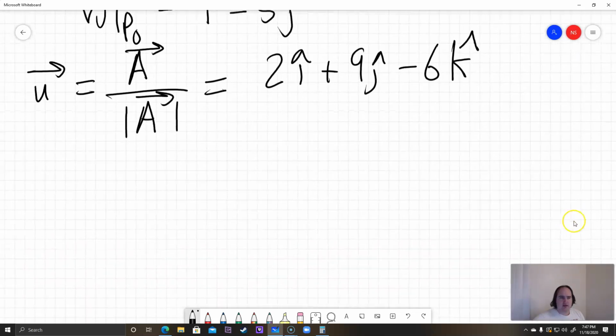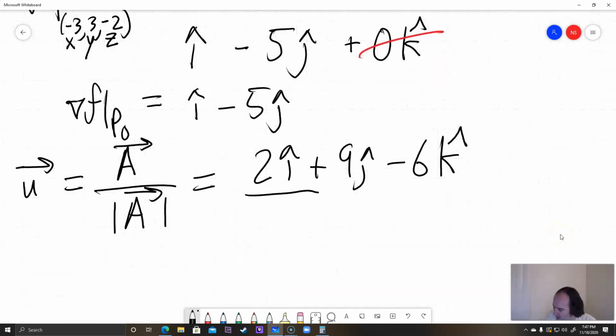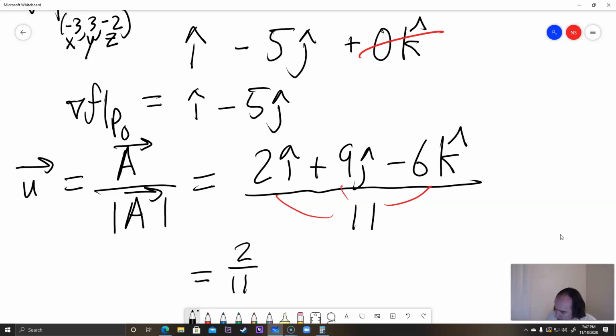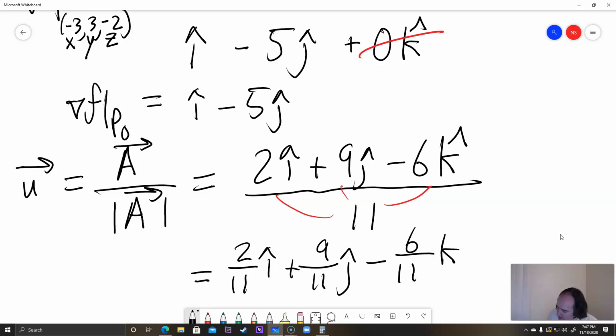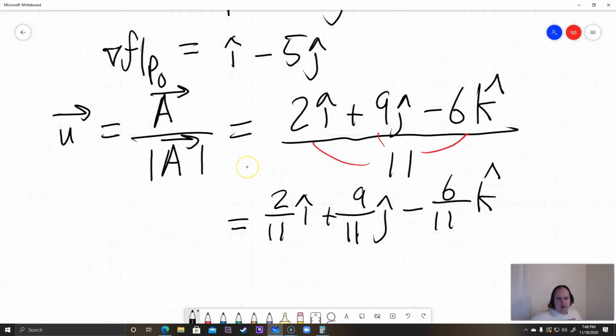So we're going to divide this entire vector by 11, and distribute the 11 to each denominator. So what we got here is 2 over 11 i plus 9 over 11 j minus 6 over 11 k. All I did there was distribute the 11 to every single denominator. And that right there is our vector u.